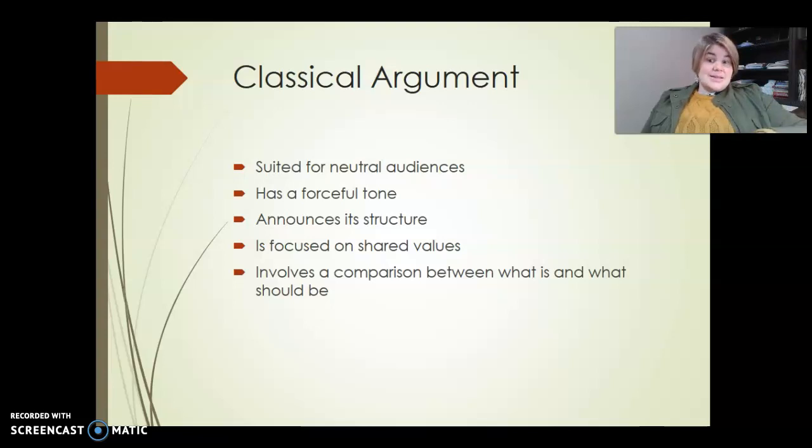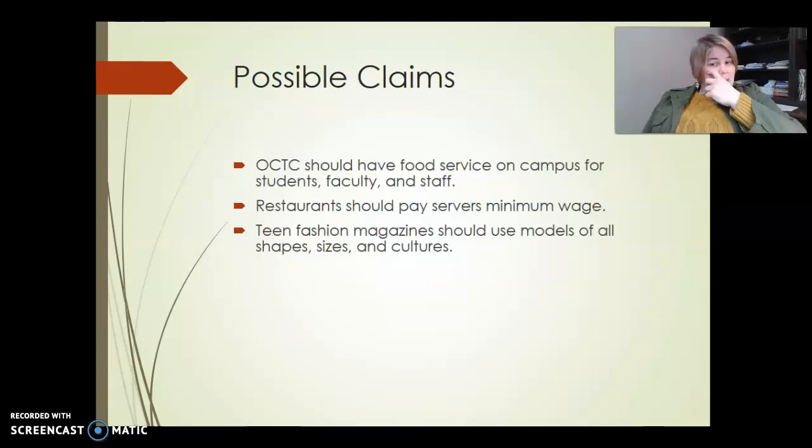So it has that self-announcing structure, and it involves a comparison between what is and what should be. So parents not spending any time with their kids and their kids being on devices all the time versus parents and kids sitting around the kitchen table developing a story together. So that's just a little overview of what you're going for with the classical argument.